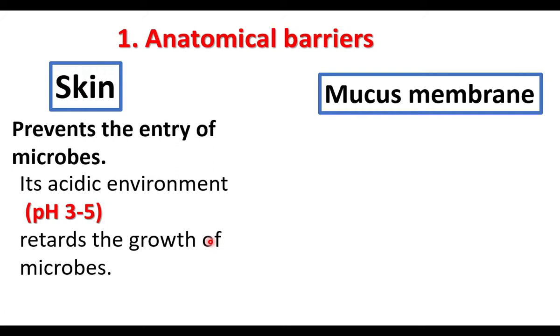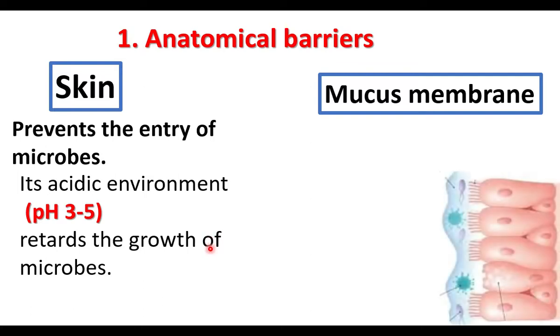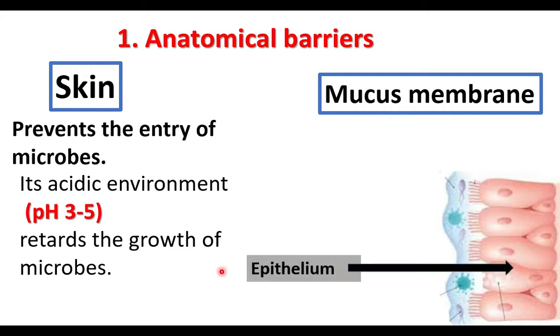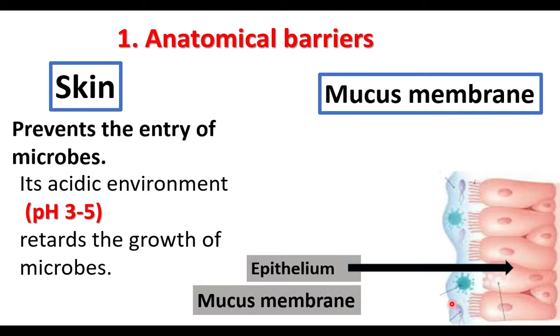Different tracts, urinogenital tracts, respiratory tracts, and the digestive tract are lined by mucous membrane. The surfaces have an epithelial layer. The epithelial layer secretes mucus. This mucous membrane traps microorganisms and prevents their entry into the systems.